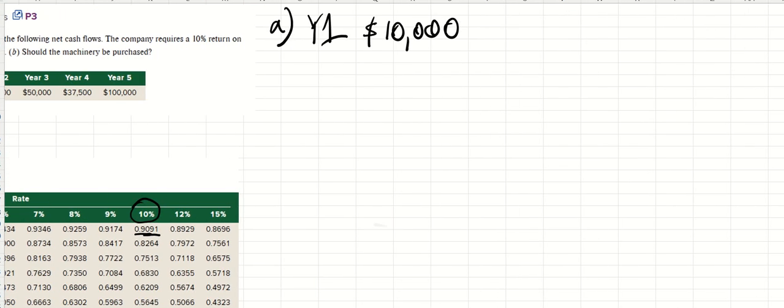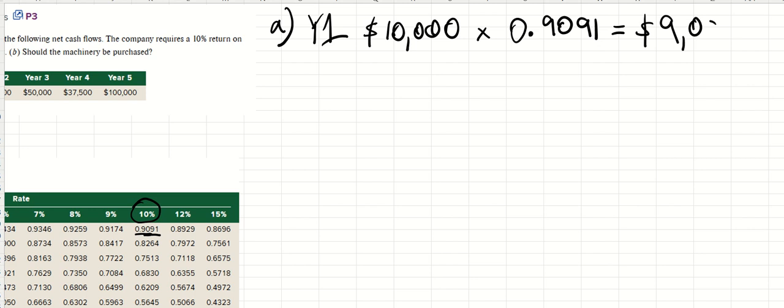So this $10,000, we're going to multiply it by 0.9091. And that's going to give us $9,091. Okay, so right off the bat, before we even move on to year two, we see that year one, the present value of that $10,000 is going to be $9,091.